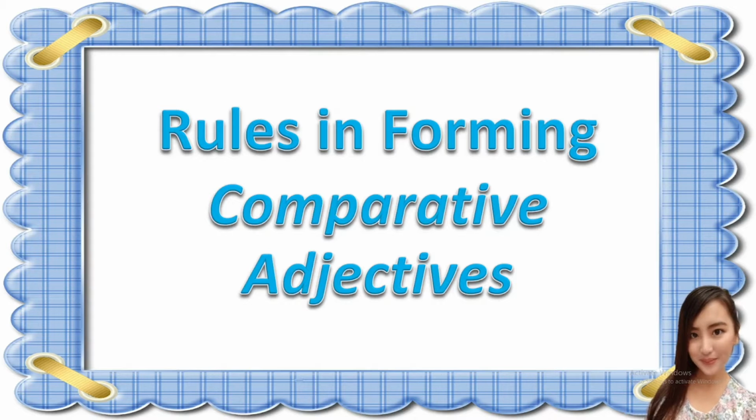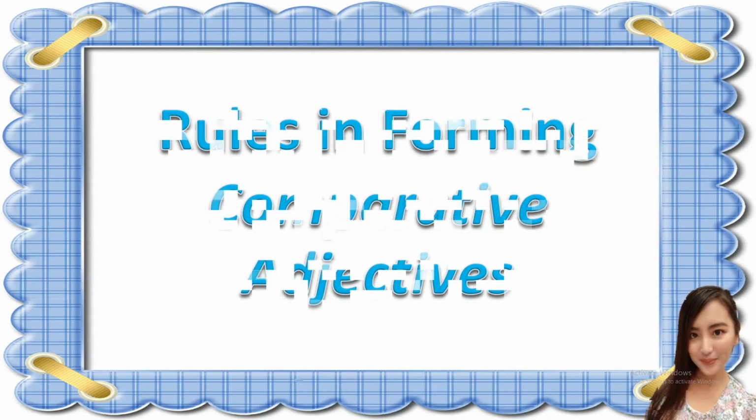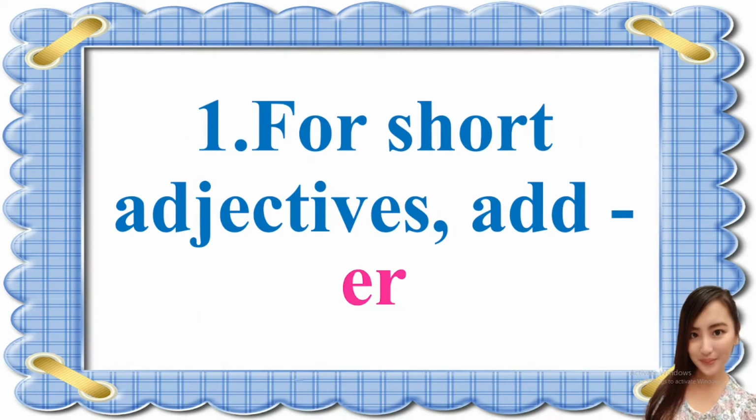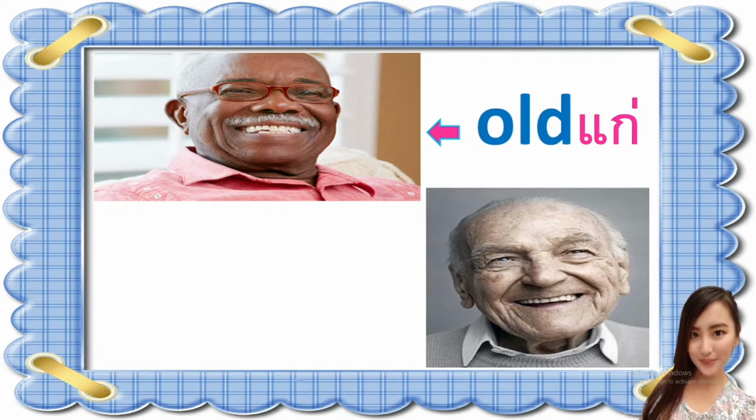Now let's have rules in forming comparative adjectives. Number 1, for short adjectives, add ER. For example, old.